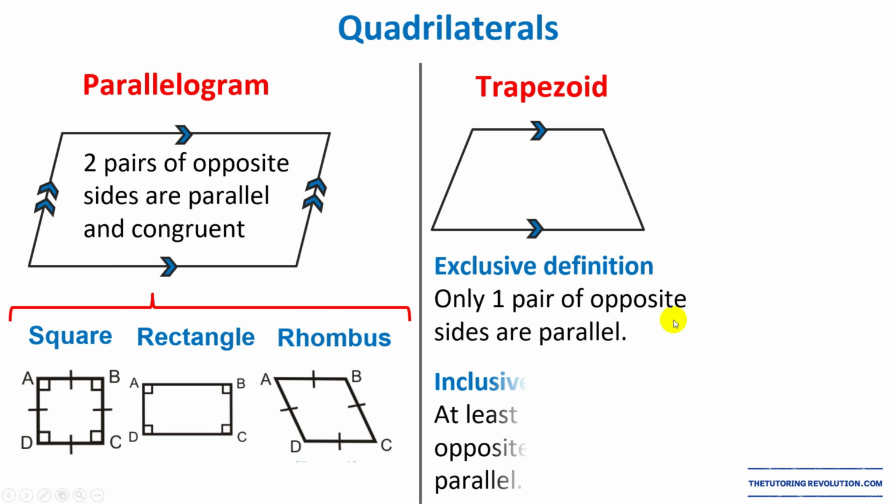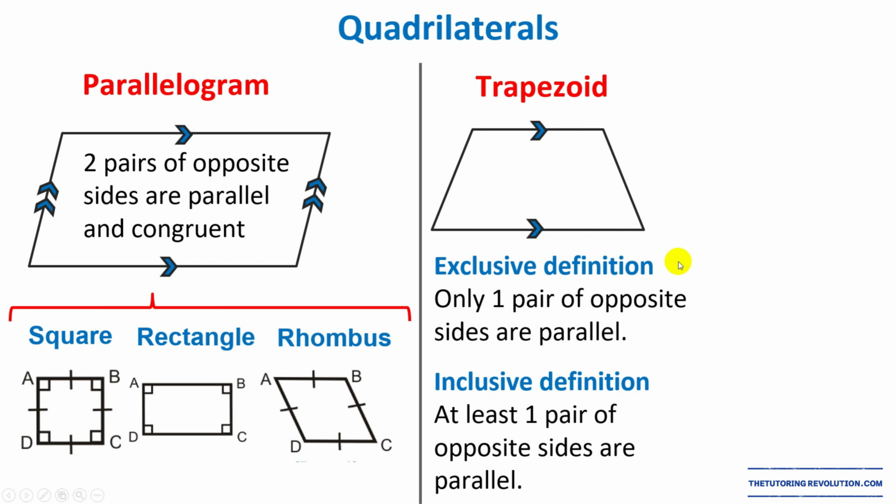But there is another definition of trapezoids, the inclusive definition. According to this definition, at least one pair of opposite sides are parallel. So according to this definition, a trapezoid can look like this. It can have one pair of opposite sides that are parallel, or a trapezoid can look like a parallelogram in which two pairs of opposite sides are parallel to each other.